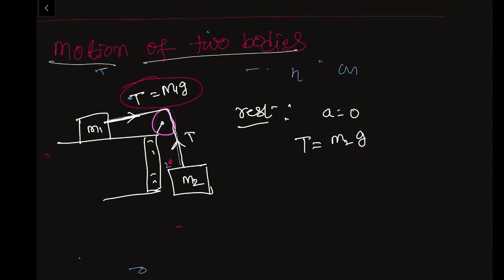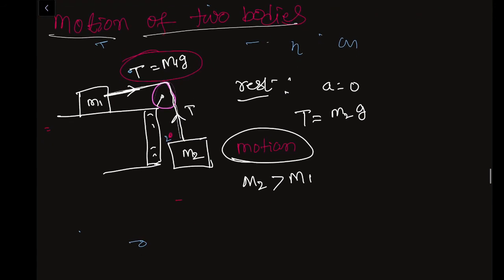If it is in motion, motion means here the M2 body has greater mass than the M1 body. In this case, the M2 body moves downward and the M1 body moves rightward.